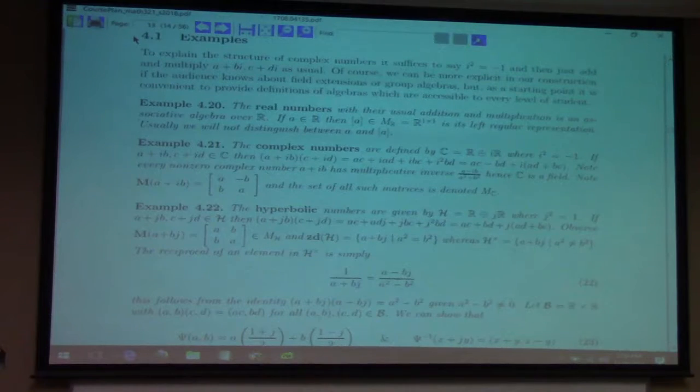If we define conjugation to be x minus jy, in other words, z bar is equal to that, then 1 over z, you can write as z bar over z z bar, which is in fact x minus jy over x squared minus y squared.